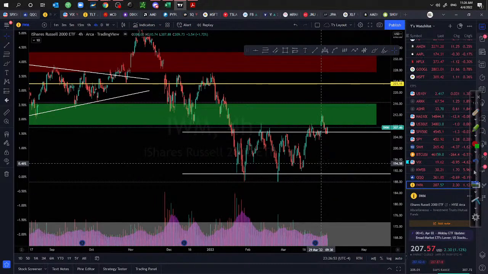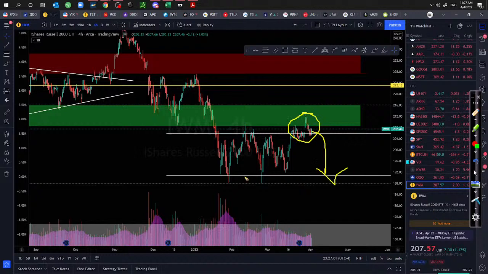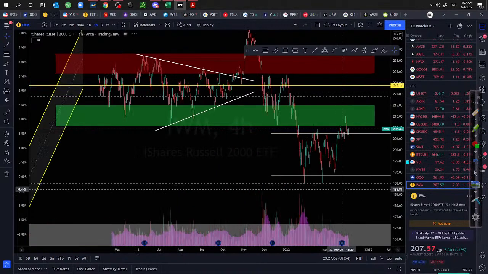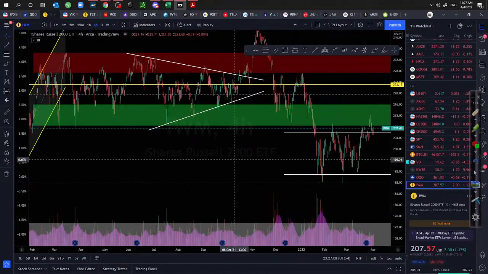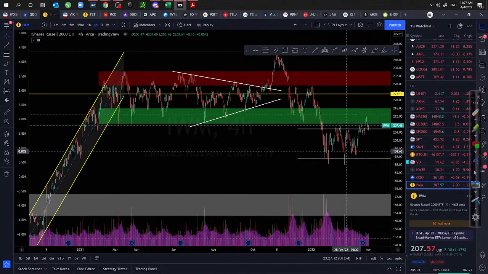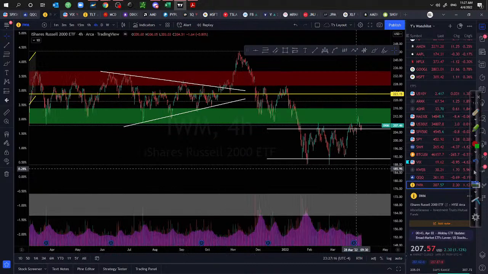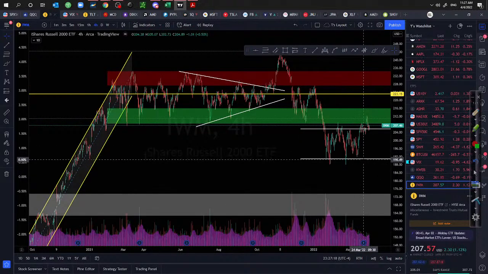We did see a bounce above this channel, but I feel like we have to be extremely cautious because this could be a fake out, and then IWM comes down, retests these levels here. So I'm very sheepish to take IWM where it is right now. I do have a short position that I'm building, but not a very big one, just a very small short position down into the 196s to retest this bottom channel once again.